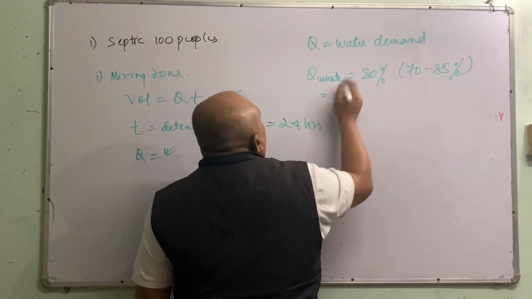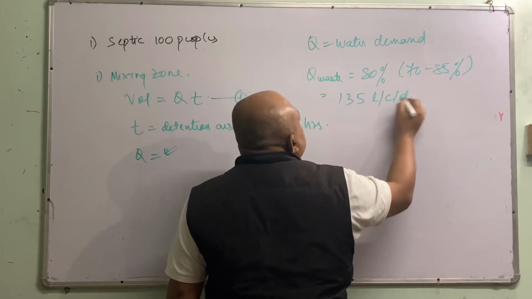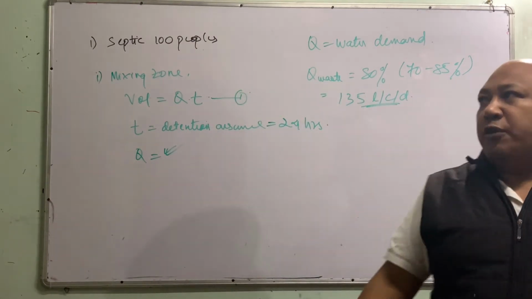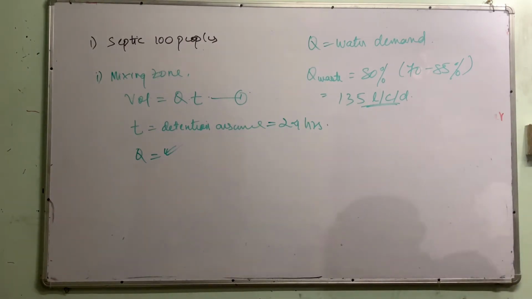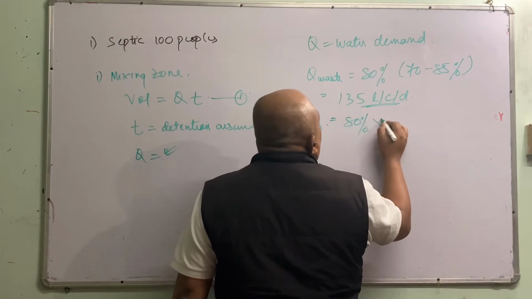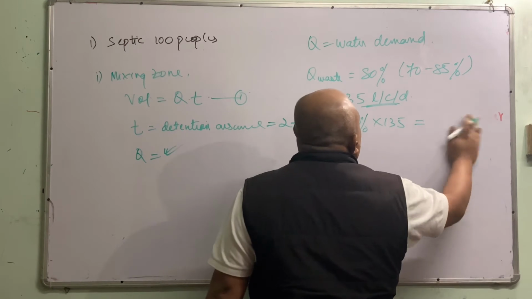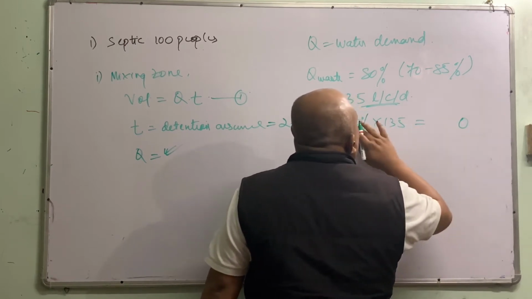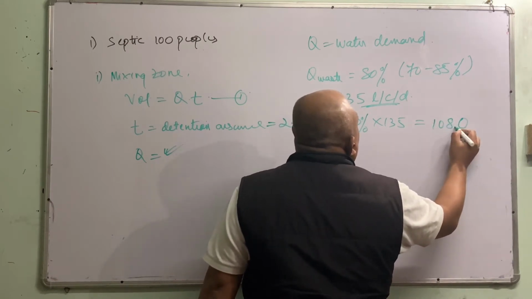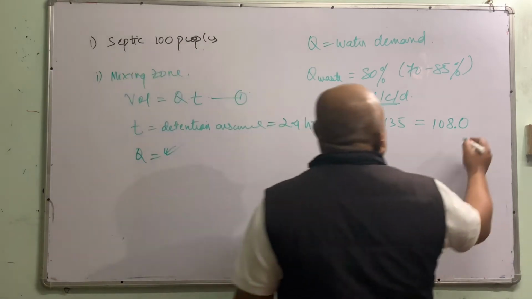And you know, water demand is always 135 liters per capita per day. This is the standard if you are making a society. So 80% of this, fine. 80% of 135 is about 108 liters per capita per day.